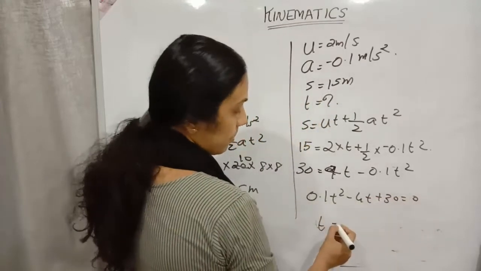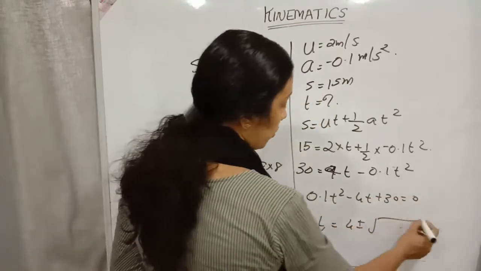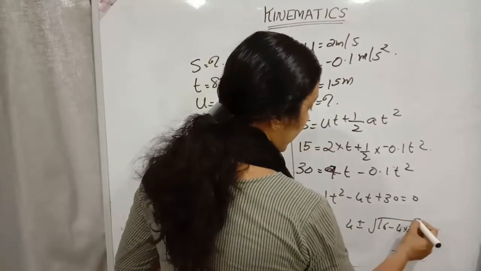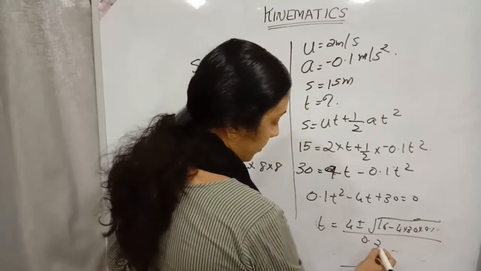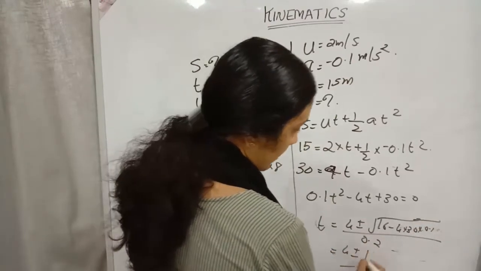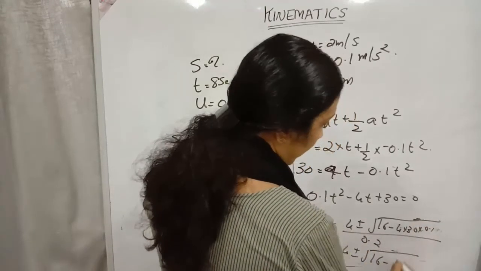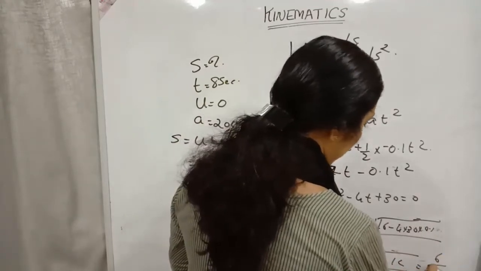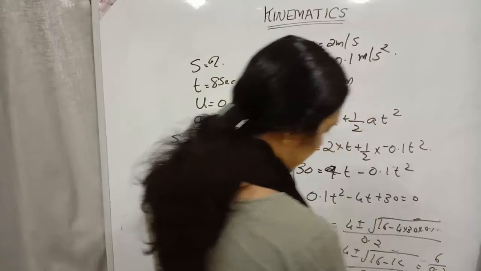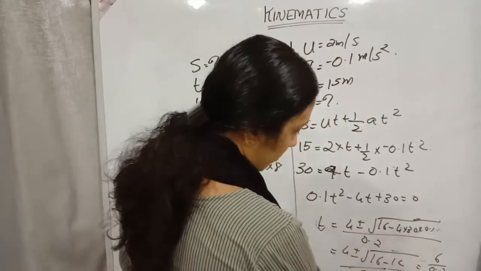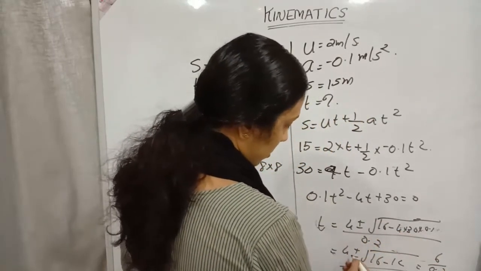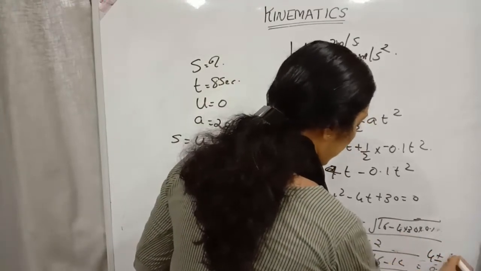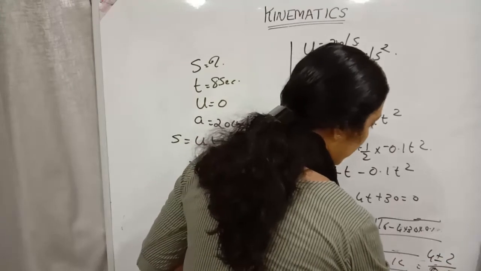T equals minus b plus or minus root of b square minus 4ac divided by 2a. Therefore 4 plus or minus root of 16 minus 12, that is 4, root is 2. So 4 plus or minus 2 divided by 0.2.